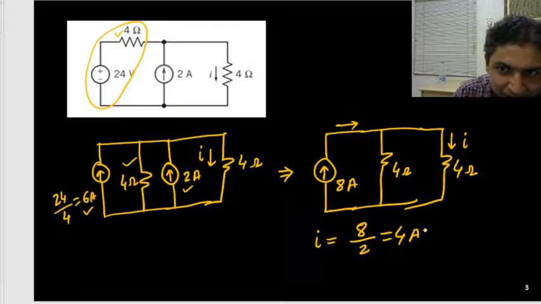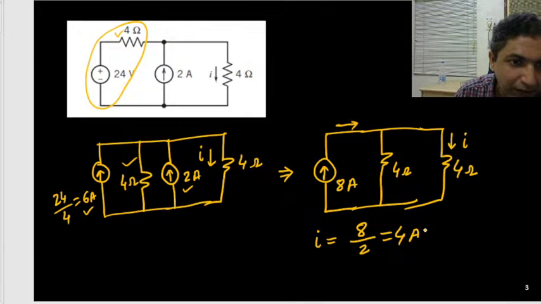So is it easy to follow? Okay. So these are two methods you have considered. You may also consider, because there are two sources, one is an independent voltage source, the other one is an independent current source, right? So can you use the superposition principle?